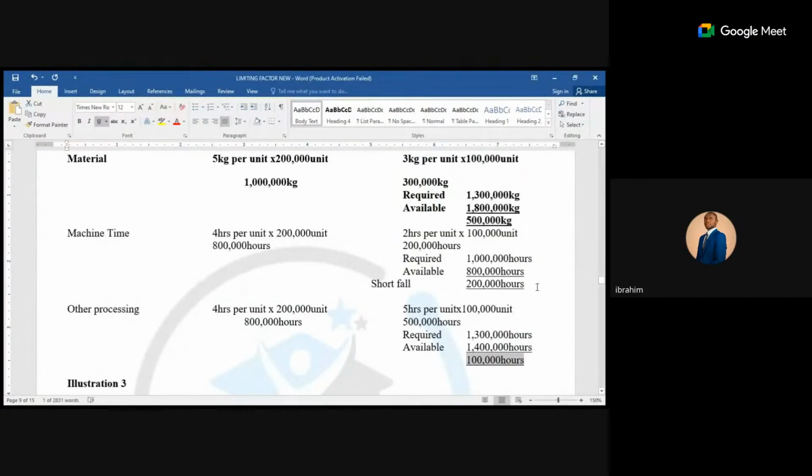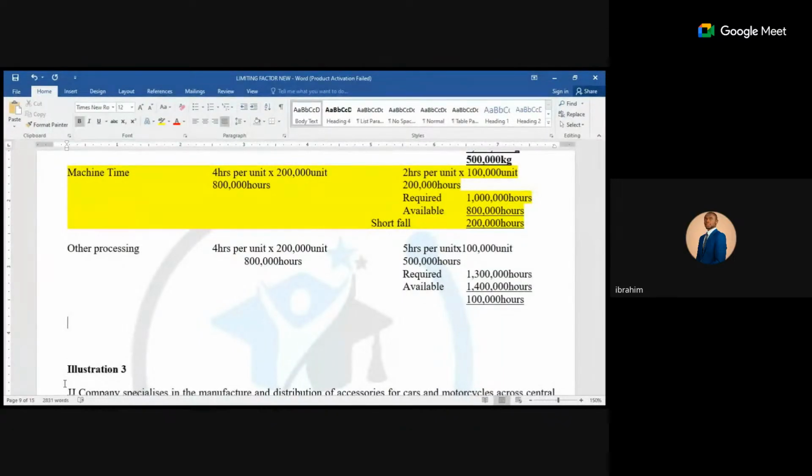Now, if this is the limiting factor, we can go further and calculate the contribution per limiting factor, determination of contribution per limiting factor.